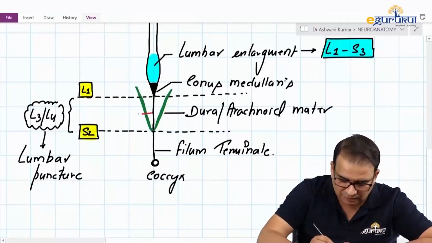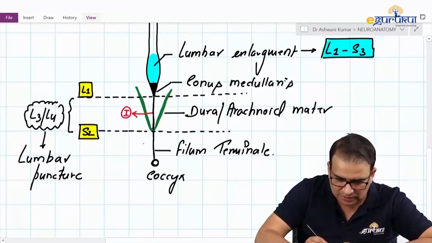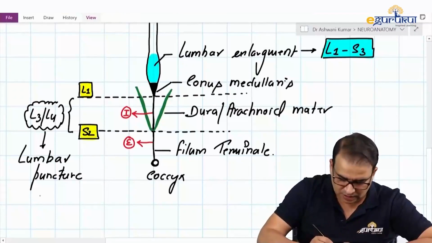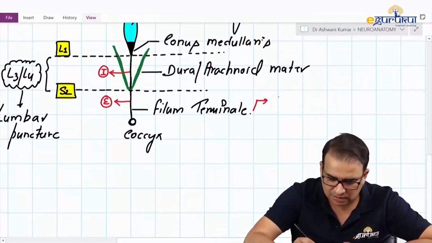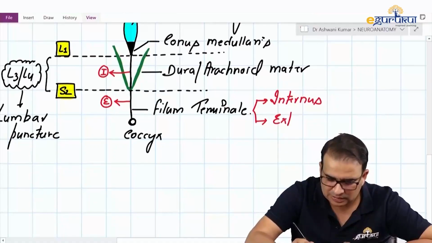This is filum terminale internum, I'm writing I for it, and this here is the filum terminale present outside, I'm writing E for it, filum terminale externum. So wherever you've written filum terminale, there is an internum part and a filum terminale externum.